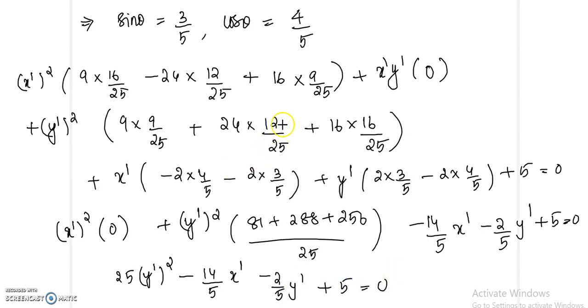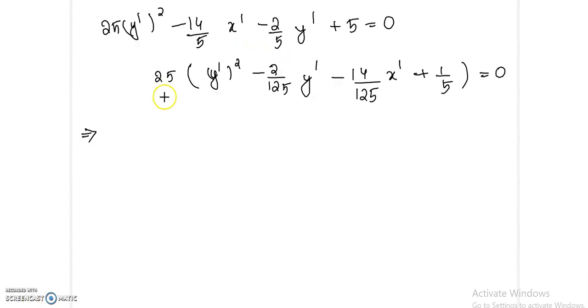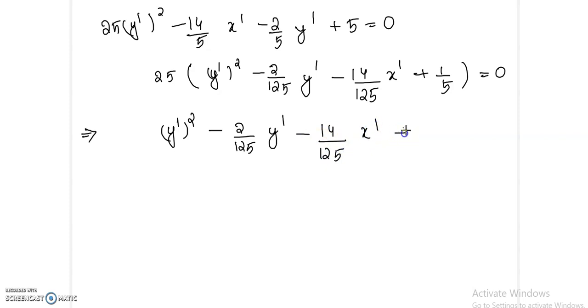Now let us complete the square. So here we now have to complete the square term. Taking 25 outside, you will get y dash square minus 2 by 125 y dash minus 14 by 125 x dash plus 1 by 5 equal to 0.